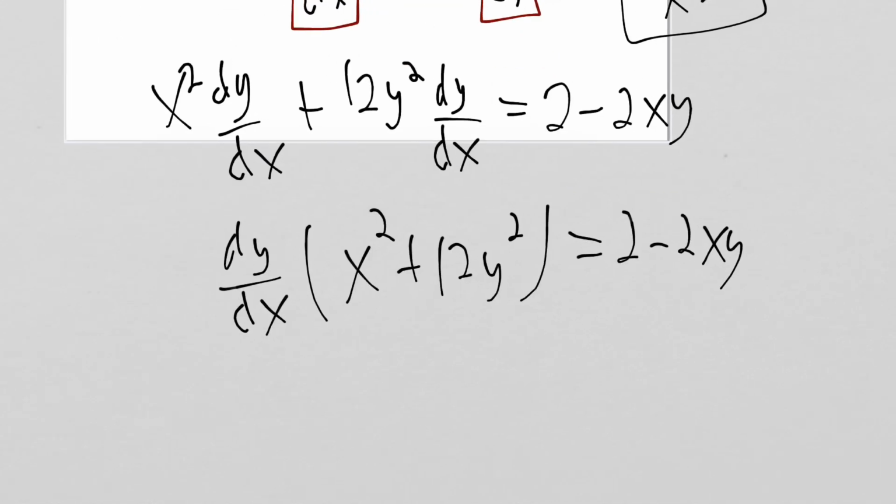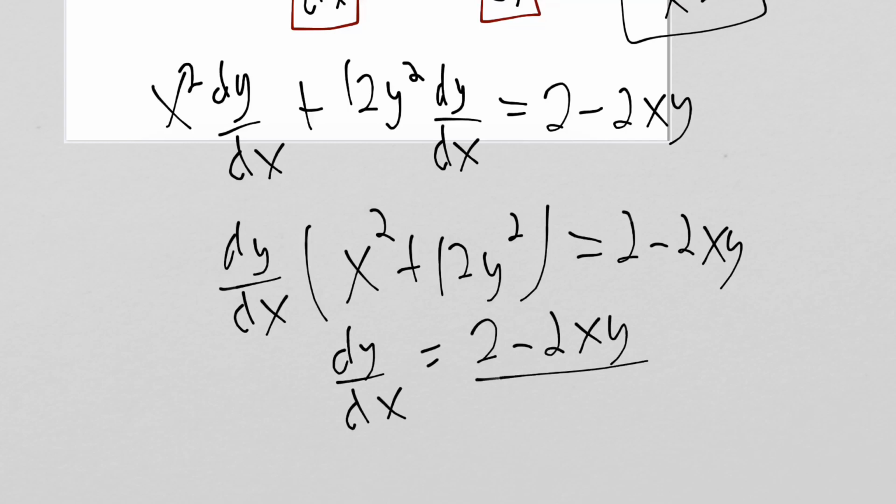And then now we're going to divide by x squared plus 12y squared on both sides. Dy dx equals 2 minus 2xy over x squared plus 12y squared. So this is how we determine our m value.